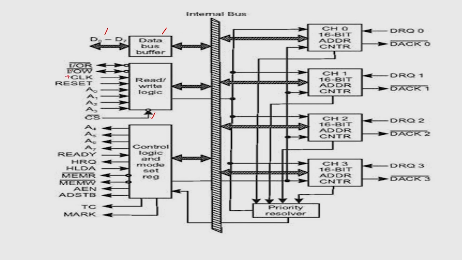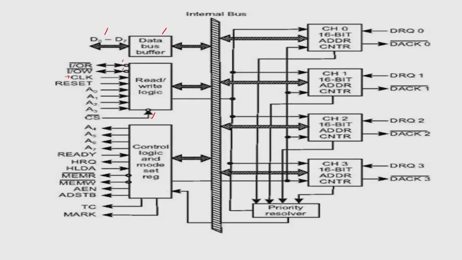The clock can be given from the microprocessor or from a clock generator also. IO read and IO write are bidirectional, active low signals, because in IO we can have input operation as well as output operation. A0, A1, A2, A3 are used to generate the address of the registers we just discussed.